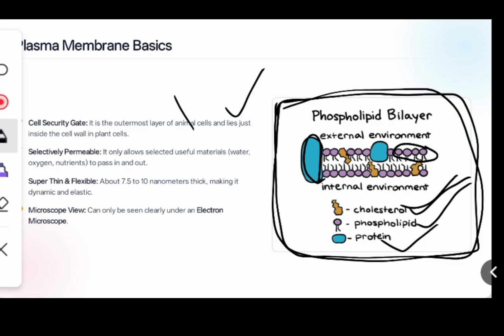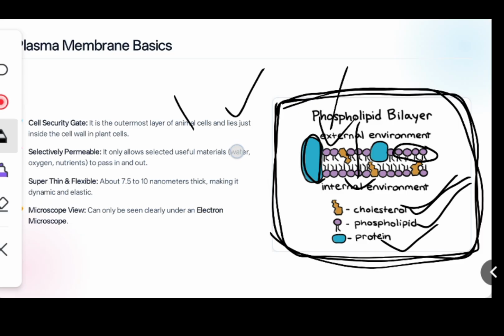When it comes to the animal cell, the cell wall is absent. So plasma membrane is the outermost layer of the cell. That's why it's known as a cell security gate. Whatever enters into the cell needs to pass through the plasma membrane.